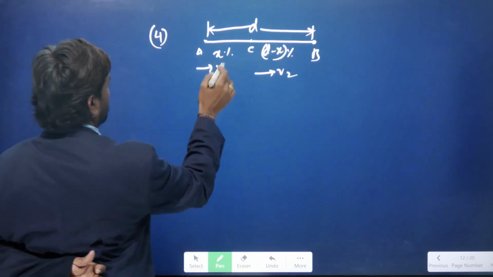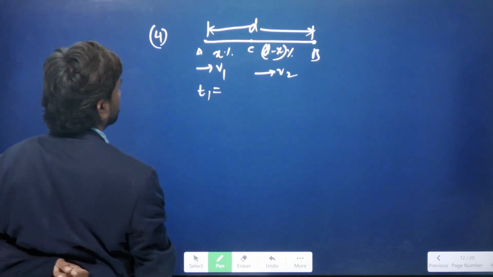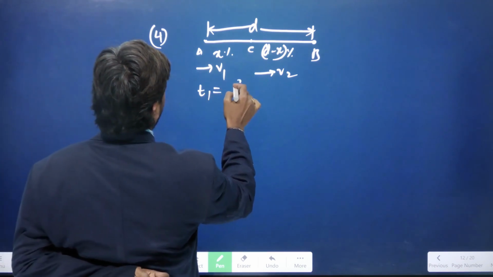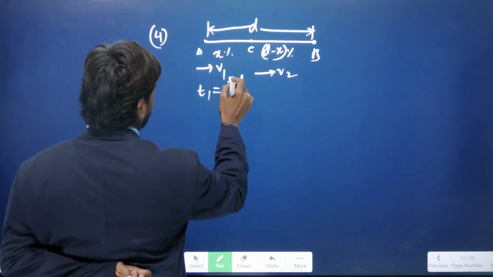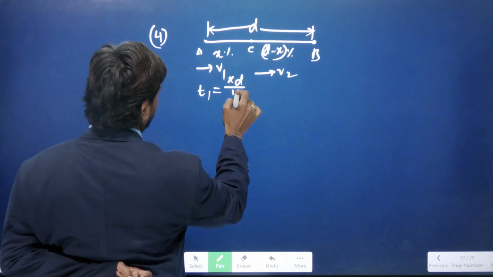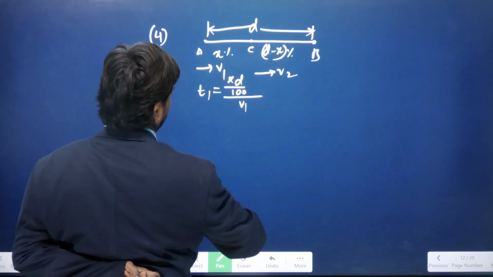Then the time to travel x percentage of the distance, how can I write it? D into x by 100 is the distance, travelled with speed V1.